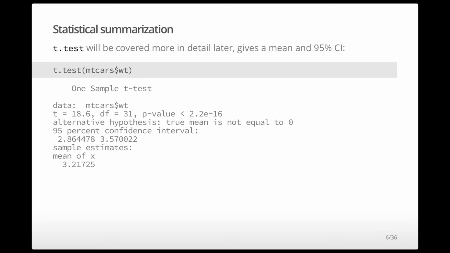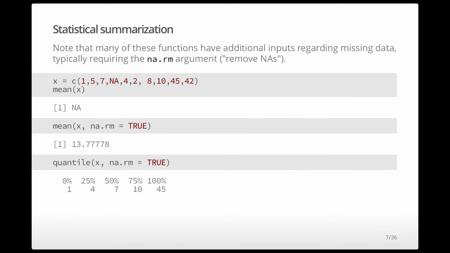The mean of x, the mean weight, is 3.21. Confidence interval is 2.86, 3.75. That's one way you can get an overall summary of a vector. A lot of times you want to do that in Table 1 or something like that.